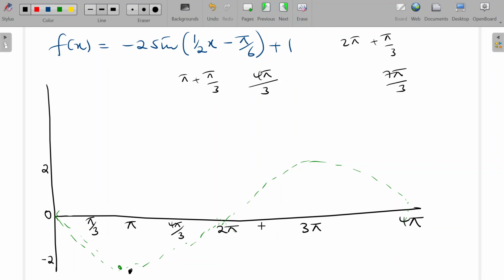Even here, you're going to have 7 pi over 3. Then 3 pi gives you 10 pi over 3. Then this point gives you 13 pi over 3.